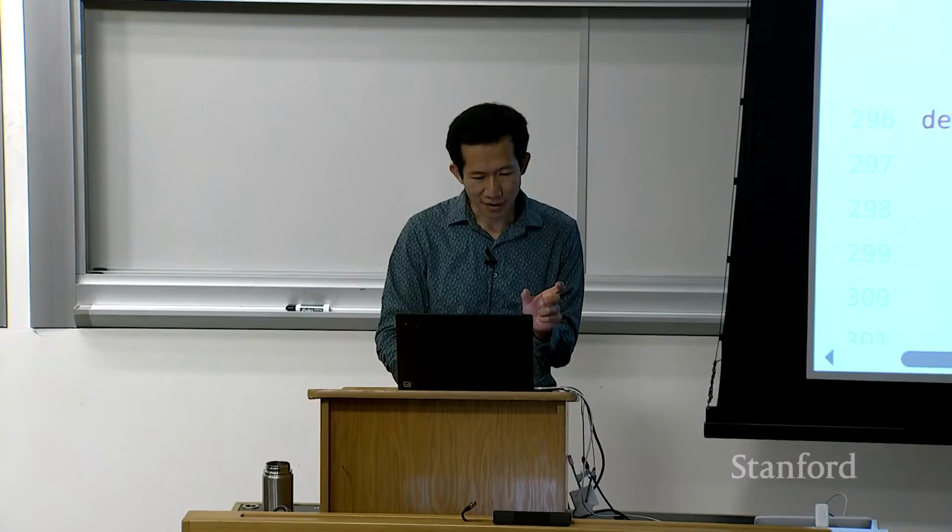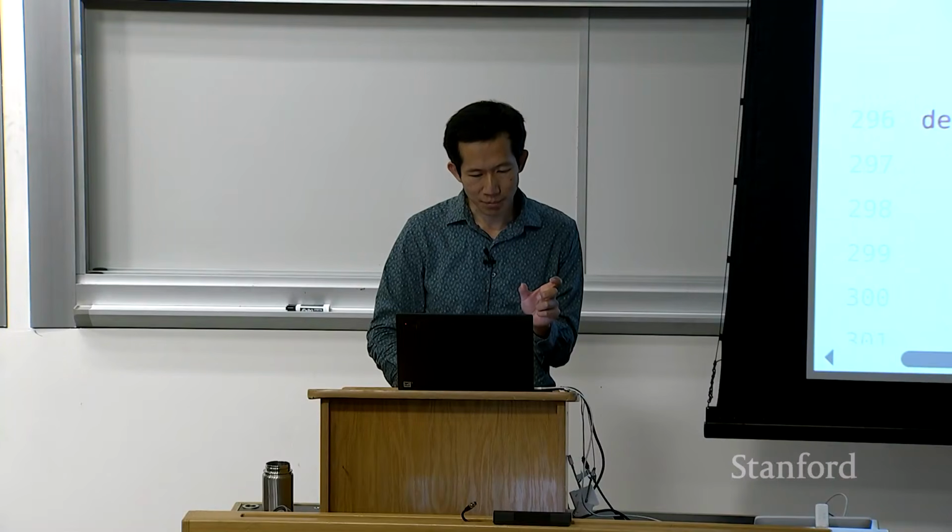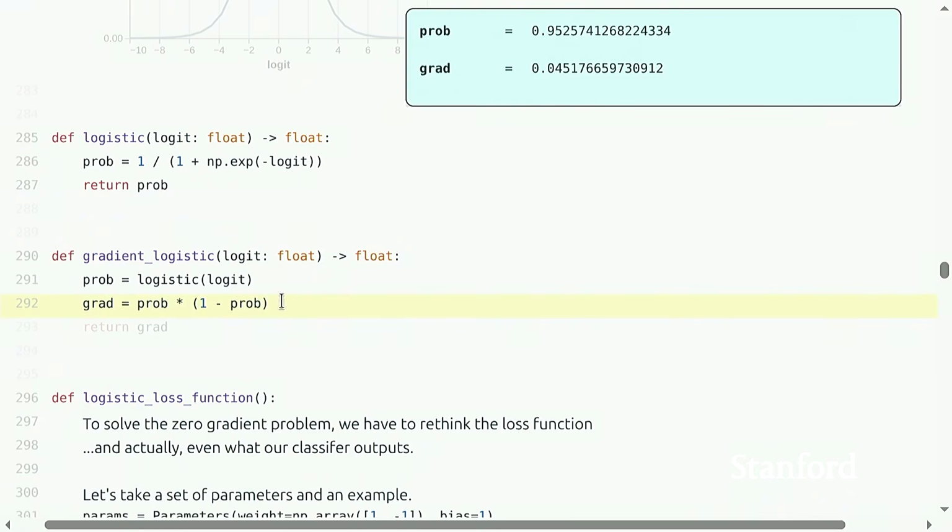Let's look at the derivative. It's actually pretty nice and simple. The derivative of the logistic function is just the probability times 1 minus the probability. And I'll leave this as an exercise. You can do it on a piece of paper.